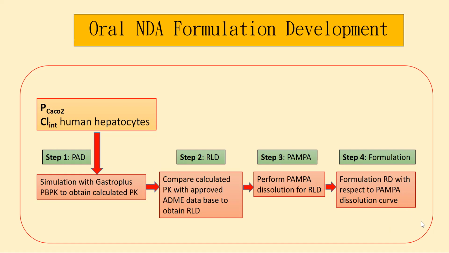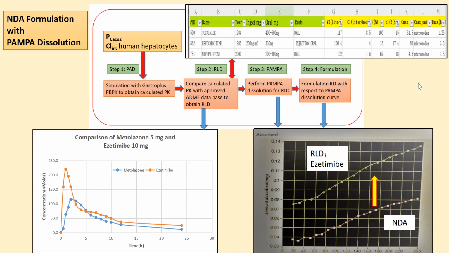In this way, that really can save scientists' effort and really can point out fairly close to the PK that is expected for your new drug. All right.